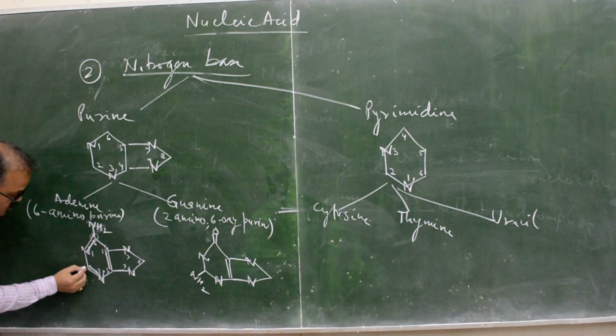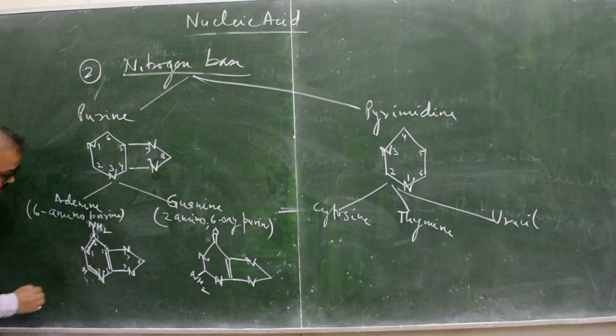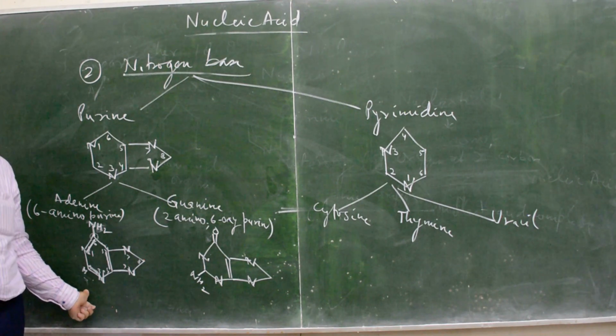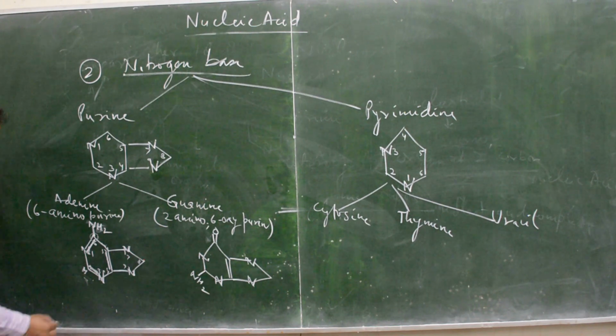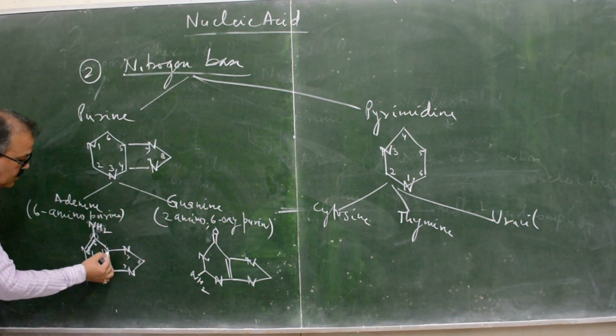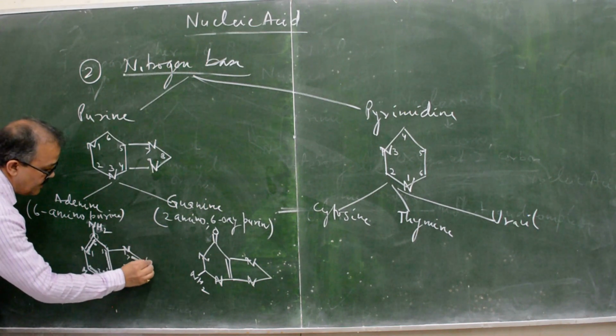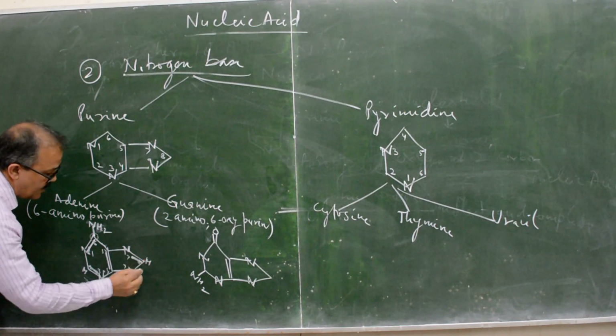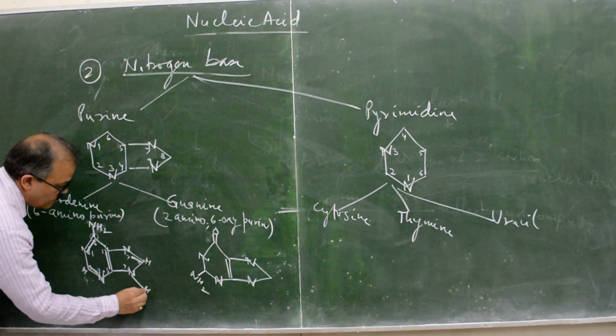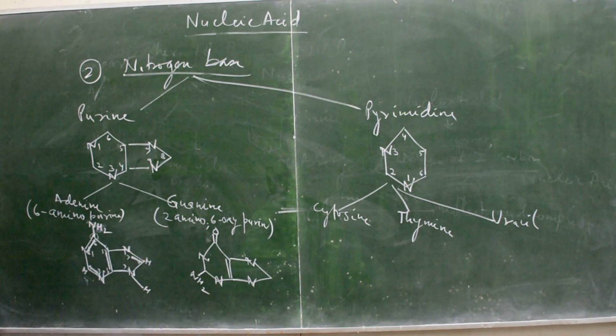You may write hydrogen, or you may not, but you may write hydrogen for fulfilling the valency of carbon. Nitrogen is 3, carbon is 4, nitrogen with a double bond, nitrogen 3, and carbon is maintained by hydrogen. This is the complete structure of adenine.